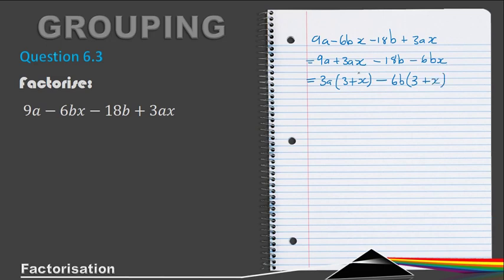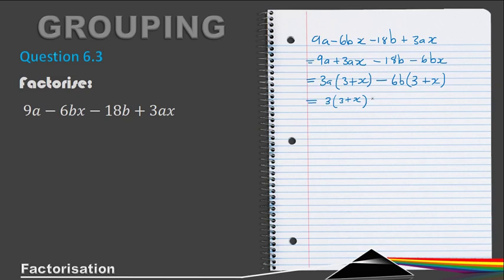Now, here we see that our two factors are identical, so we take out 3 plus x, but actually look at the other factors. We've got a 3 and a 6 over here as well. So we can take out a highest common factor of 3 also. So I'm going to take out 3 and the 3 plus x.